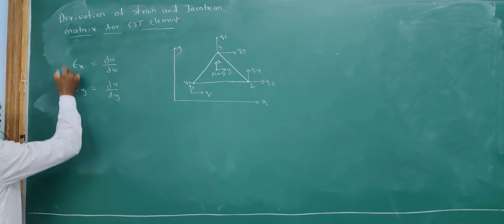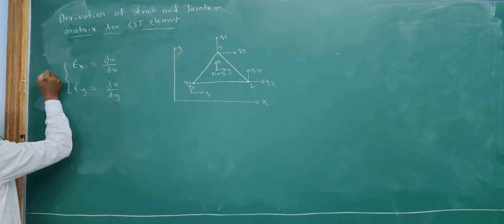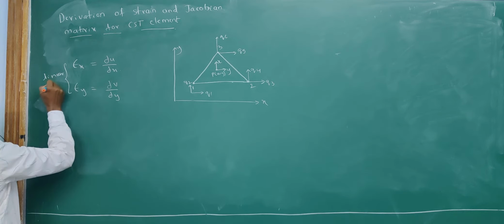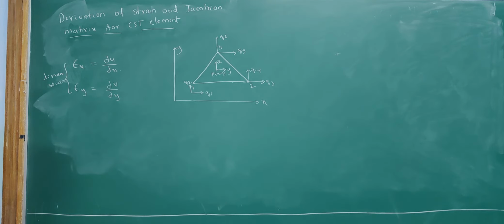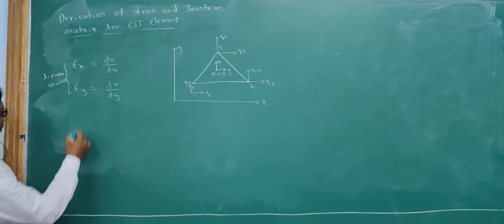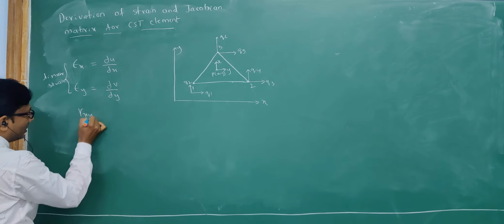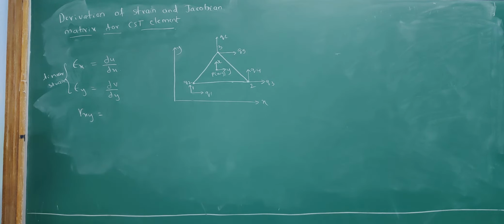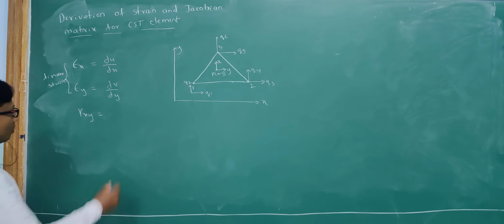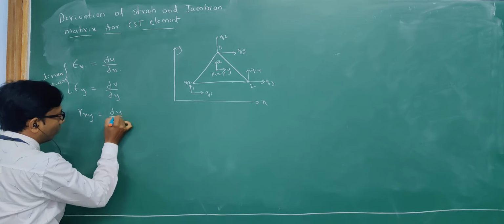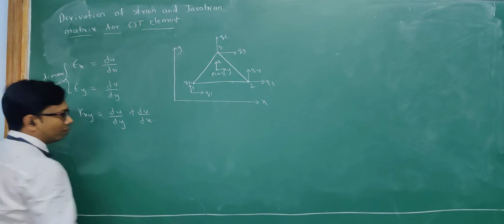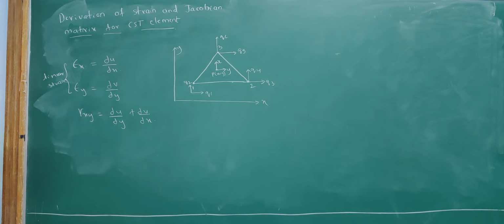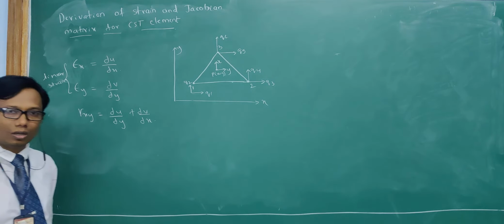These are called linear strains. One more strain will come when we are talking about biaxial loading: a shear strain, which will be dou u by dou y plus dou v by dou x. These are the three types of strains we will be getting in two dimensional analysis.